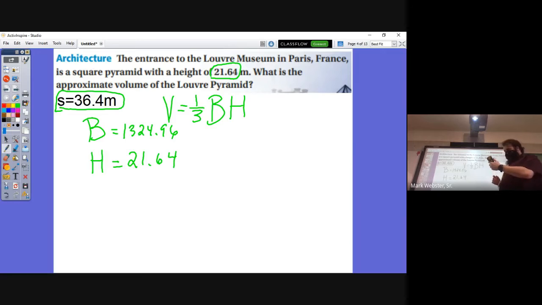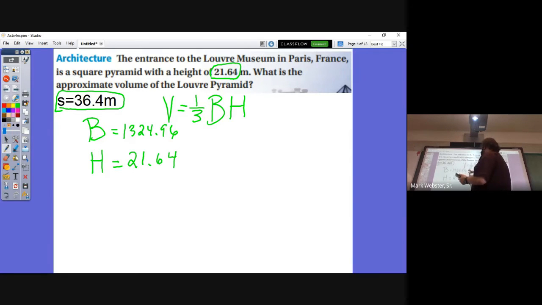It's going to be ugly, and that's okay. In general, if it comes out ugly on the calculator, you can leave it as a fraction. Just multiply these two and then put it over 3 if it doesn't come out nice. But here they want the approximate value anyway. We just want to round it to 4 decimal places because they don't tell us, right?